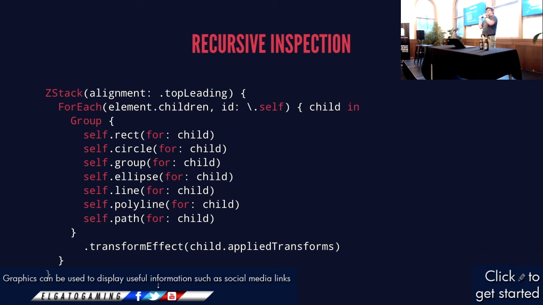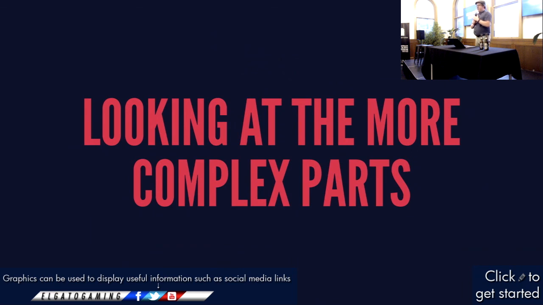What might not be completely obvious is we have all of these rect, circle, ellipse and all that are returning optionals. So if our particular element doesn't match, we just draw nothing until we draw something. All works pretty cool, and we then apply the transforms and stuff like that. Cool, okay. That's the basic drawing.